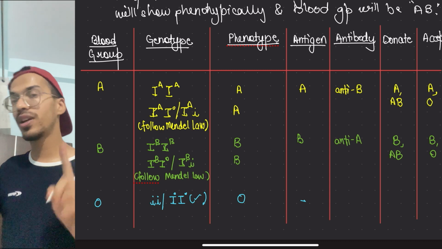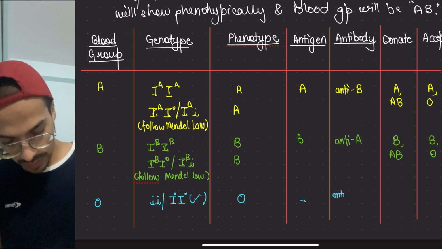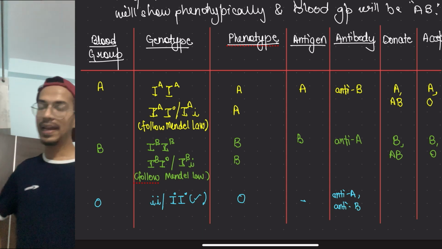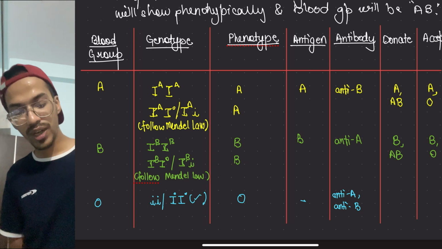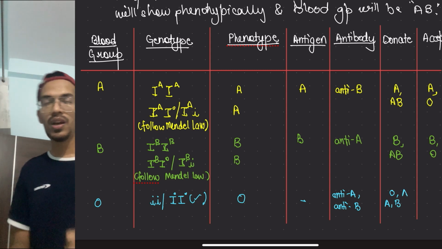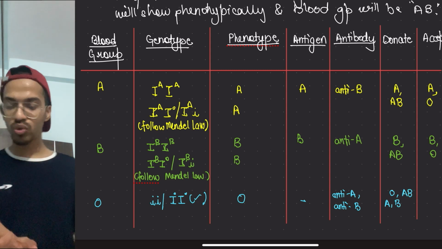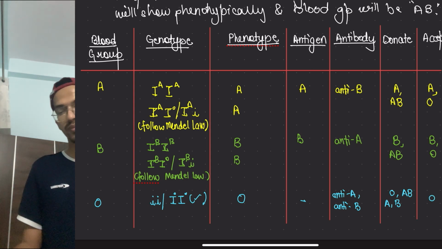Antibodies are present for A and B, so anti-A and anti-B antibodies are present. It can donate blood to any of them: it can donate to O, A, B and AB, but it can accept only from O.